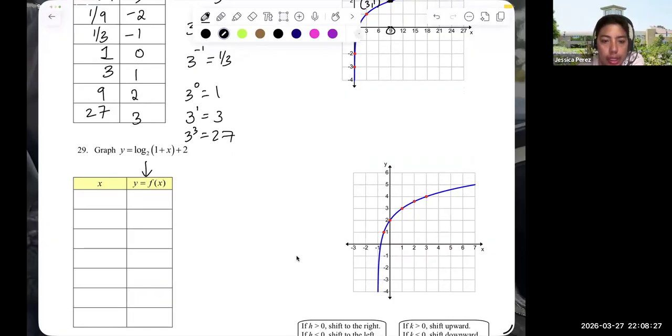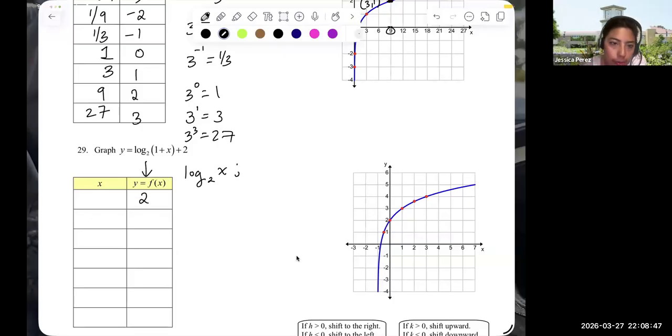So if we're interested in identifying, we're going to use the parent function log base 2 of x. And then there's going to be some shifting involved. We can use this as our parent function.